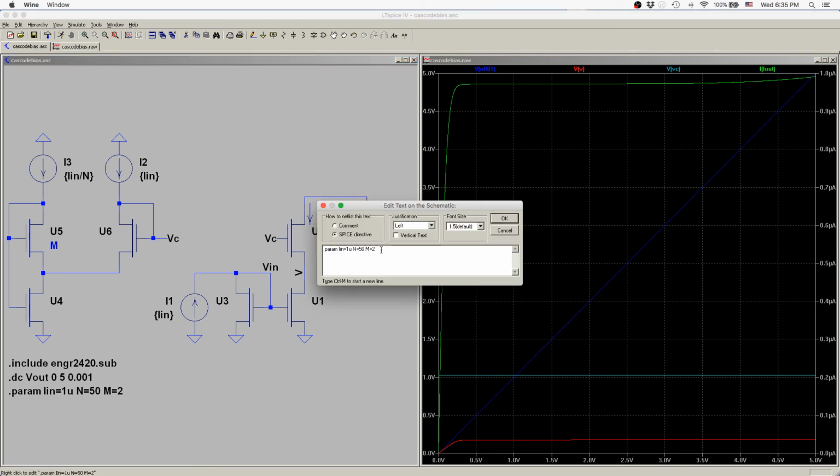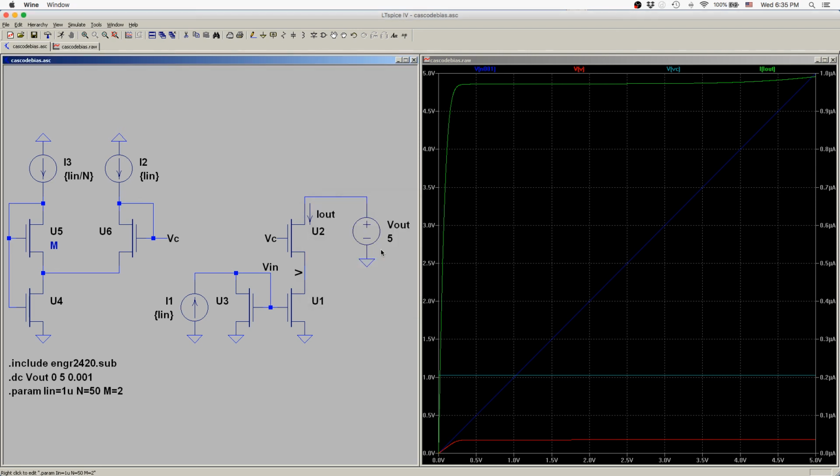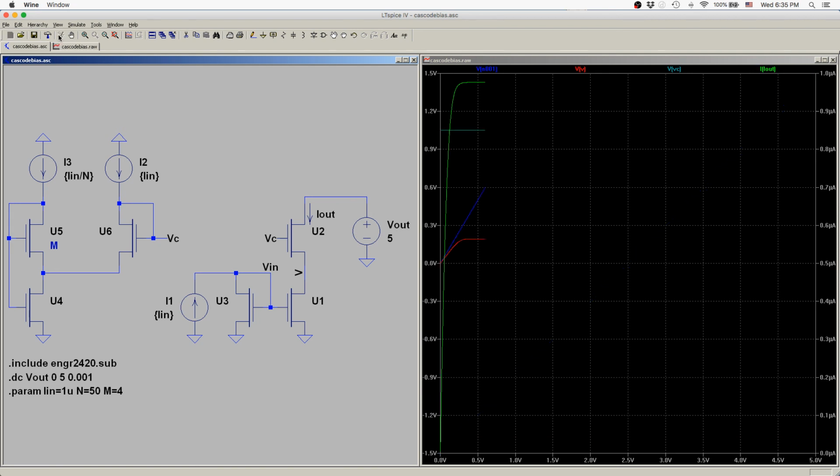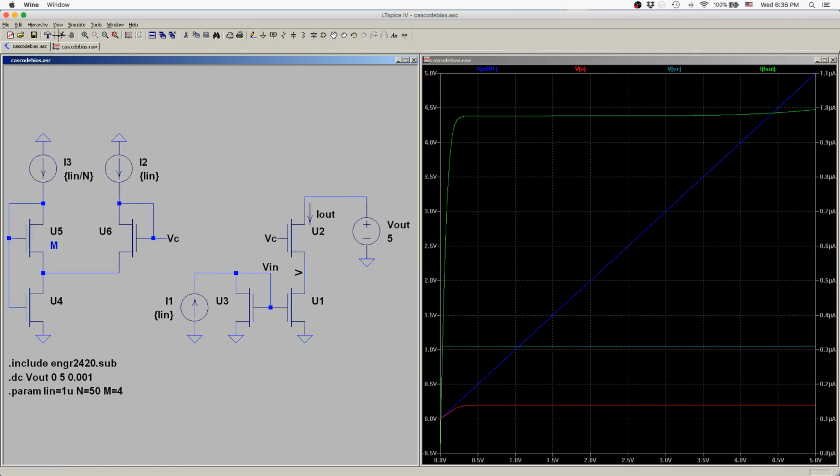You can make m 4, and this is again a tiny bit higher, so we're biasing U1 a little bit further into saturation. And so this circuit turns out to be a very nice cascode bias generator.